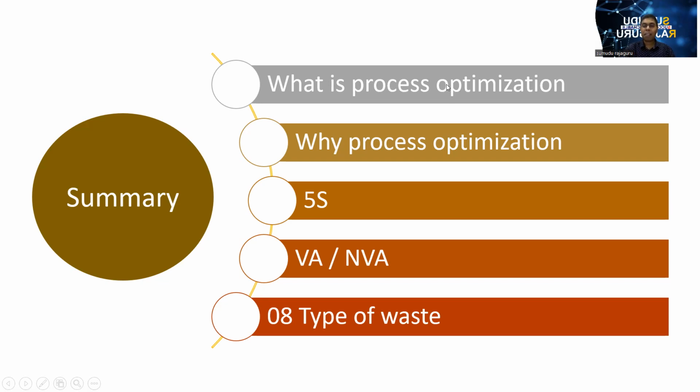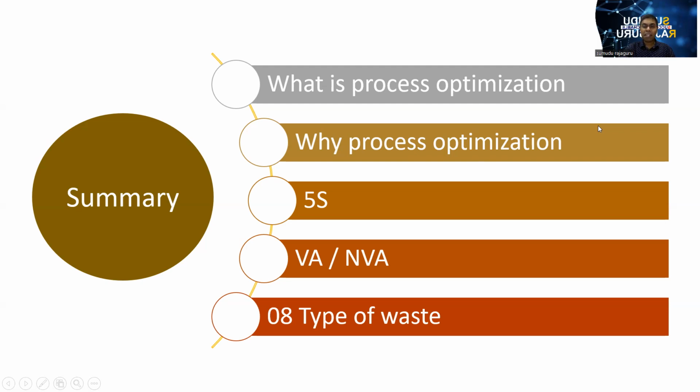The major expectation is cost minimization by improving the efficiencies. Then we have discussed why process optimization. We want to smooth the cash flow by reducing lead time. We want to improve the profit by reducing cost. We want to improve the productivity by reducing waste. So because of that, it is required to do the process optimization.